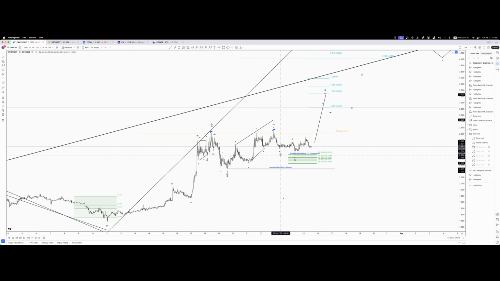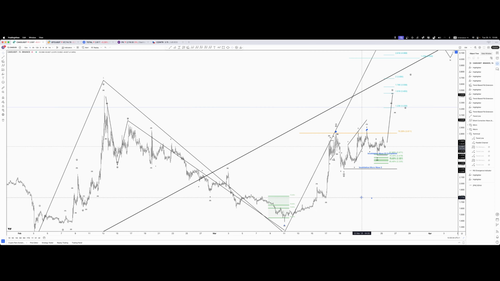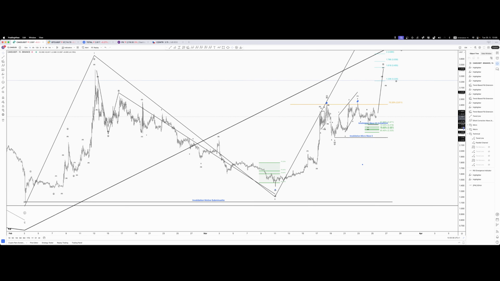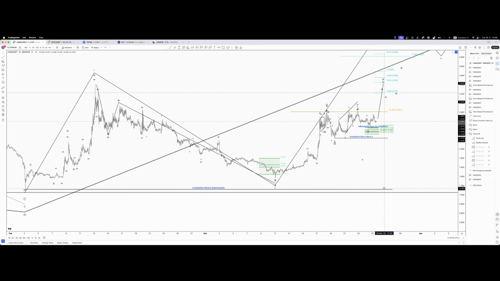The level, it's 246 for one wave count, and the other level, 236 for a wave count of a much higher degree. And should there be a flush down, if price breaks this $1.12, then all bets are off. There is no more motive structure. But so far, the picture looks good.